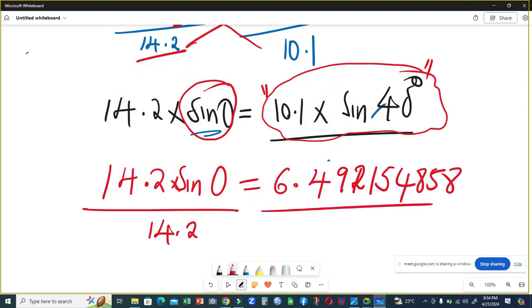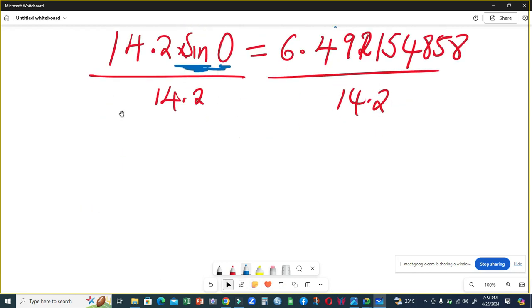Why? So that we remain with sine O alone. So meaning that this 14.2, 14.2 will cancel. So we'll say sine O is equal to, when you divide this 14.2 into 6.492154858, what is our answer?